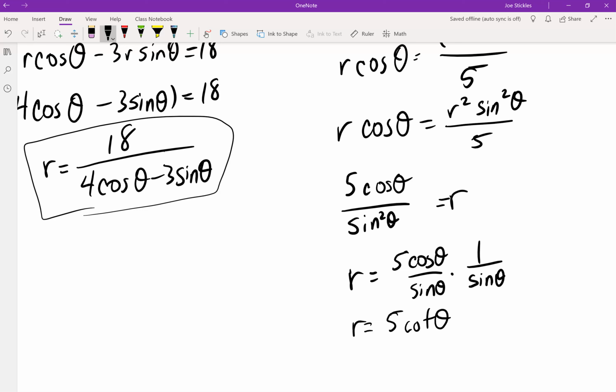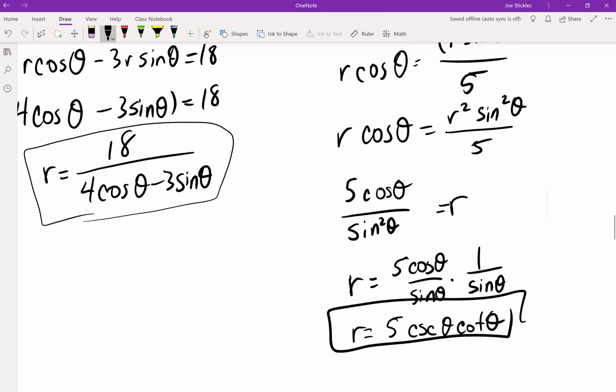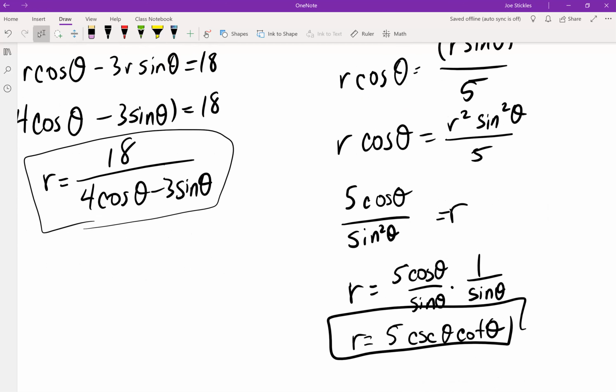The first one is cotangent theta. The second one is cosecant theta. And usually we write the cosecant first and then the cotangent, mainly because cosecant is alphabetically ahead of cotangent. It's really the only reason why we do it that way. All right, so anyway, there is our equation of the parabola changed to polar.